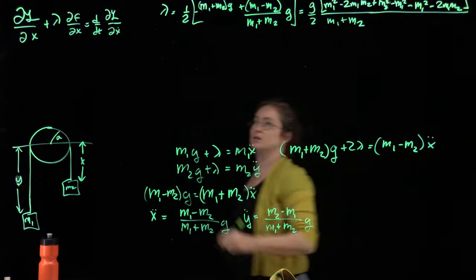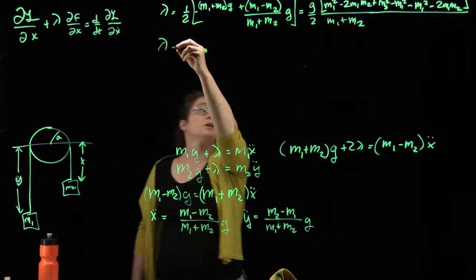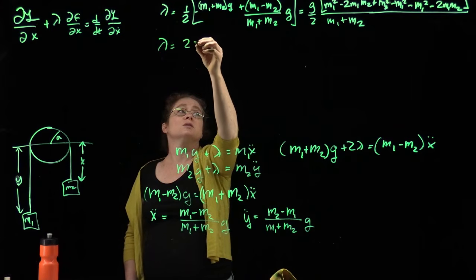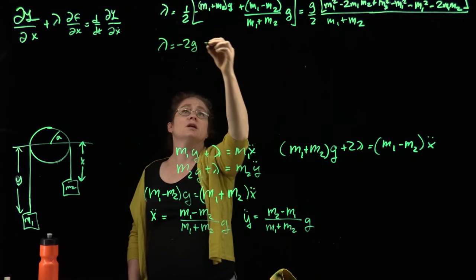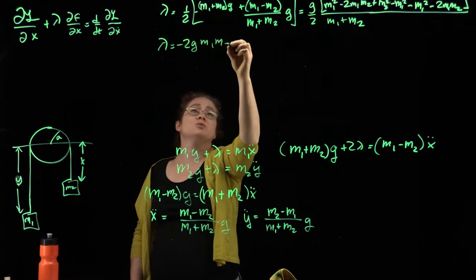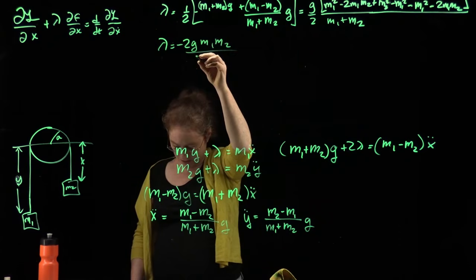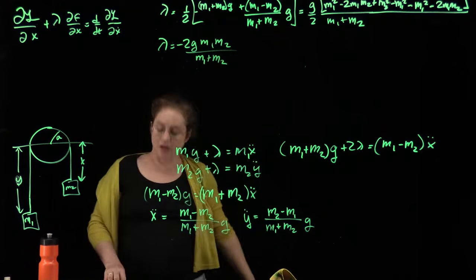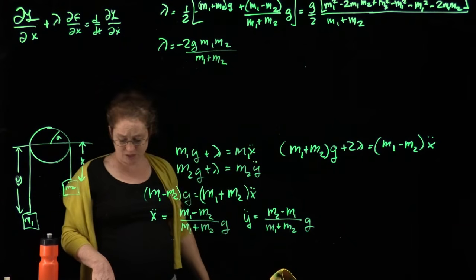Okay. Lambda is then equal to negative 2 g m1 m2 over m1 plus m2.